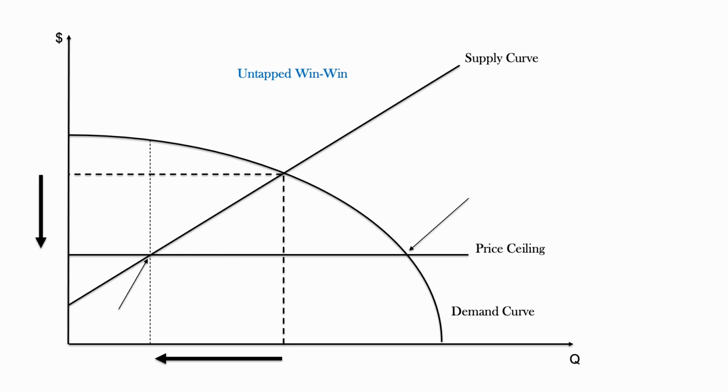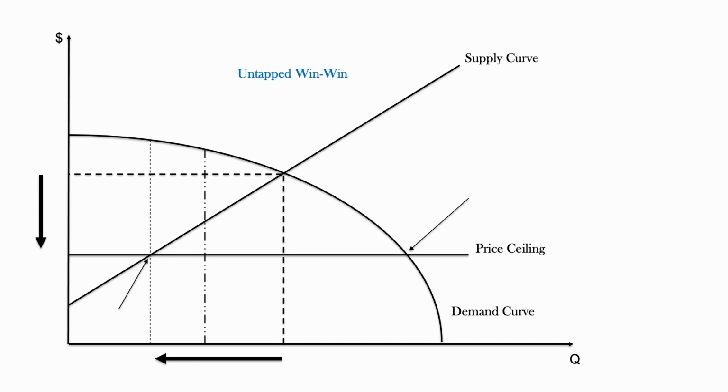Where does that potential gain from trade lie, and why is it important? So let's look at this point. This is a point where there was supply before the price ceiling was put in place, and there is no longer supply.